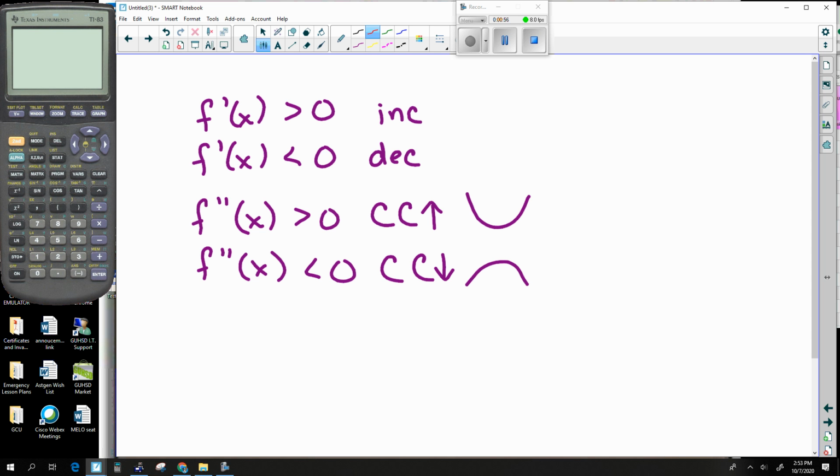Other things that you probably want to know is if there is a derivative equal to 0 on a concave up, it's most likely a minimum, most likely. If there is a derivative equal to 0 on a concave down, it is most likely a maximum.